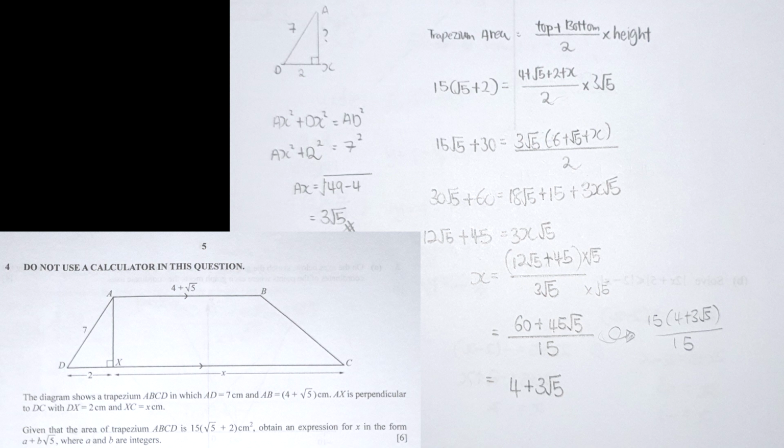Remember, in surds we cannot leave a square root as the denominator, so you're required to multiply square root 5 into both the numerator and denominator. By running the calculation, you will get 60 plus 40 square root 5 over 15, and after simplification, you will get 4 plus 3 square root 5 as your final answer. For those who are not sure what I did over here, I drew an arrow at the side, and you can refer to the workings over there.